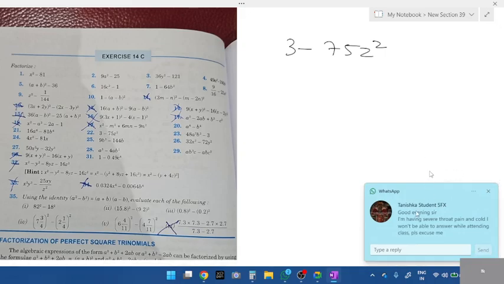Is 3 a perfect square? Okay, can you see one student has sent a message now? Can you read here? What has she messaged, students? This is a 10th standard student. This is how they send a message before the class starts at 6 o'clock. I'm having severe throat pain and cold. I won't be able to answer.